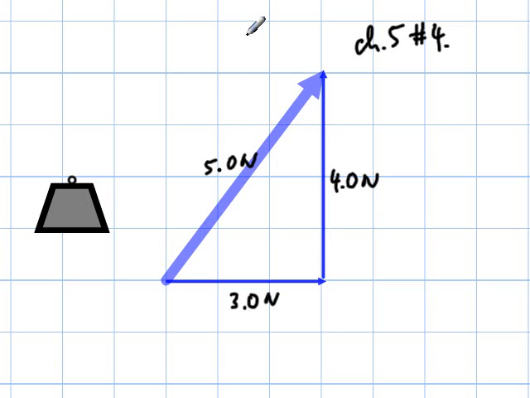However, they didn't ask for force, they asked for acceleration. But I calculated that for a reason, because in order to determine the acceleration, I need the force anyway divided by the mass, which I almost forgot is given in the problem. That was 2.0 kilograms.